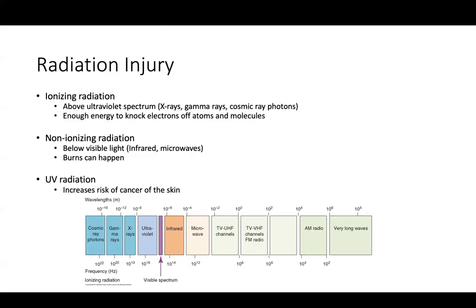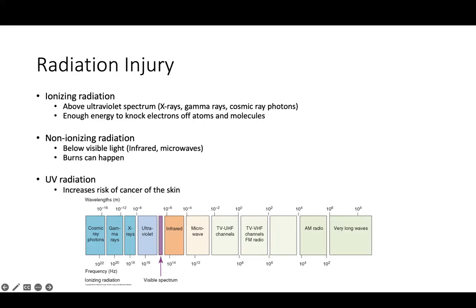So it's the really tiny waves that are the most likely to injure our cells, because those have such high energy that they have the ability to knock electrons off of atoms and molecules and to cause damage to our genes. So this is something called ionizing radiation.